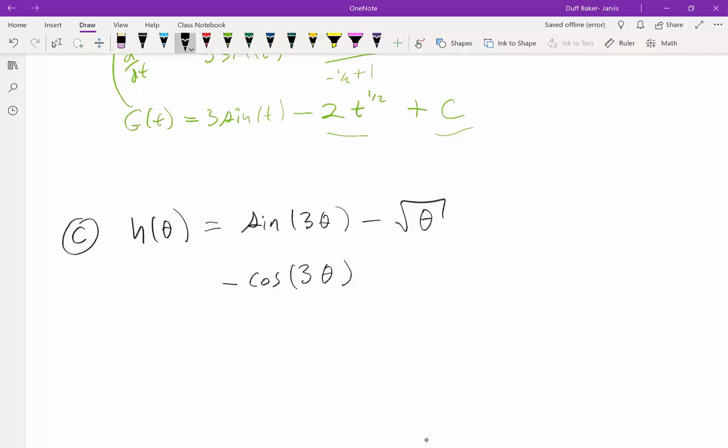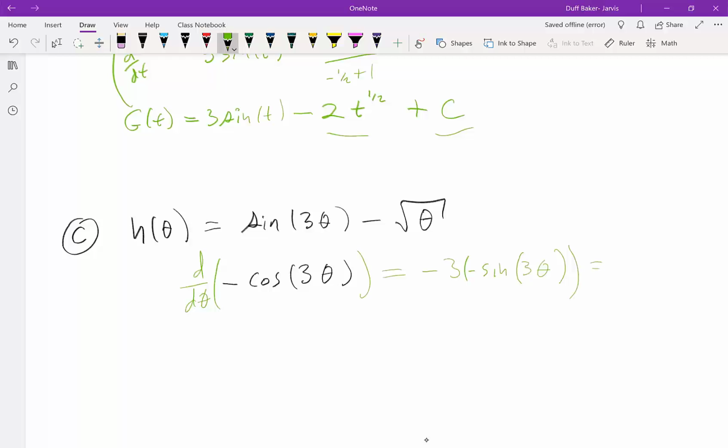But now you have to start thinking about the chain rule, right? So if I was to take the derivative of this, what would I get? I would get minus 3 cosine of 3 theta. So that's, minus sine. Right, the derivative of cosine is negative sine of 3 theta.